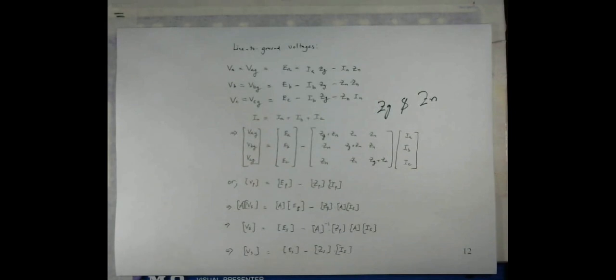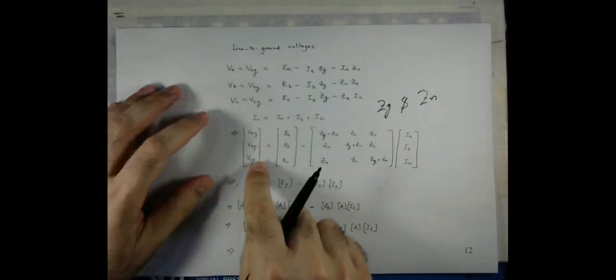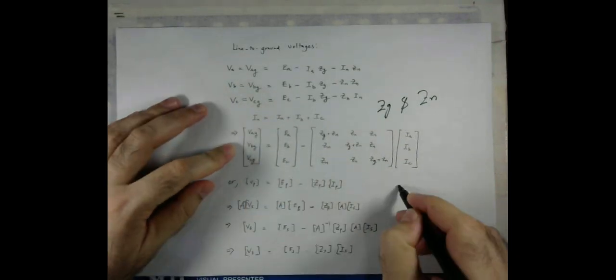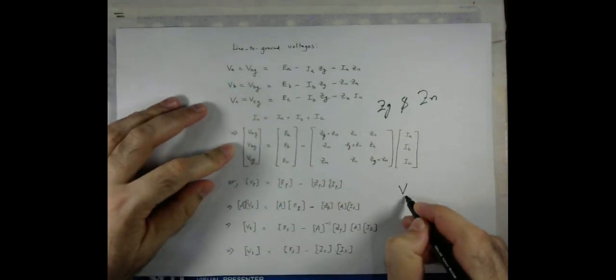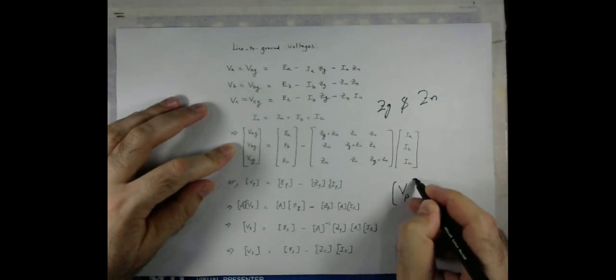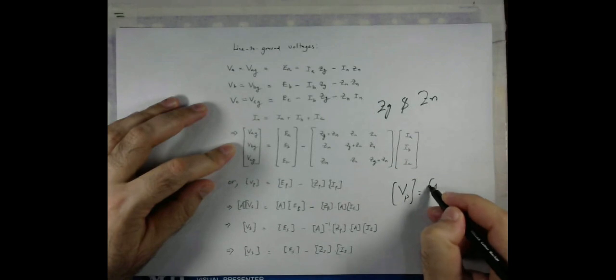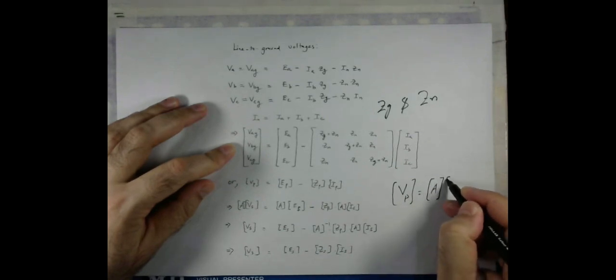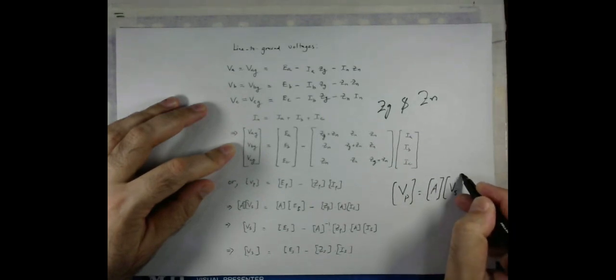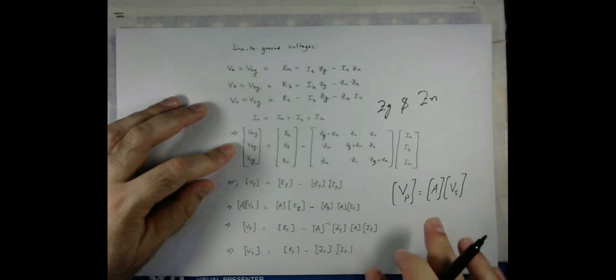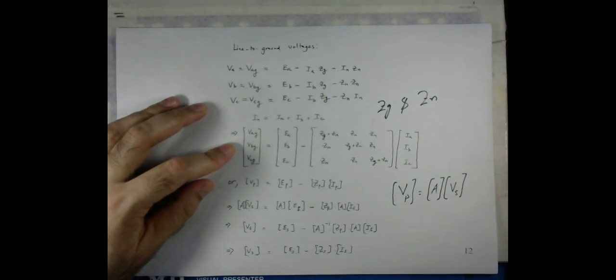And if you remember, we discussed that if you want to convert phase voltages into sequence voltages, phase voltages can be written as this transformation matrix A and the sequence voltages. We have already discussed these expressions quite in detail.